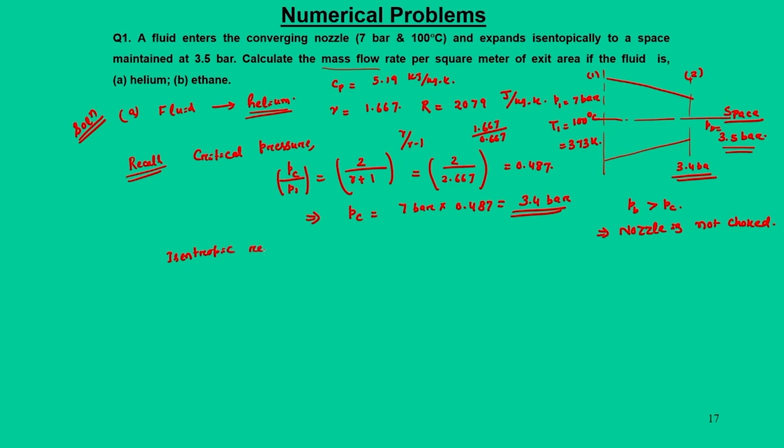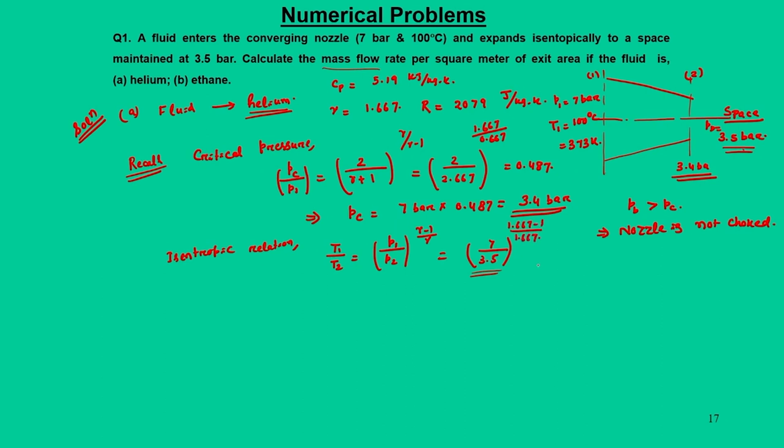So, isentropic relation means we need to find out T1, T2. So, T1 by T2 relation we can say (P1 by P2) to the power gamma minus 1 by gamma. So, P1 is 7 bar, P2 is 3.5 bar, because back pressure is 3.5, to the power (1.667 minus 1) by 1.667.